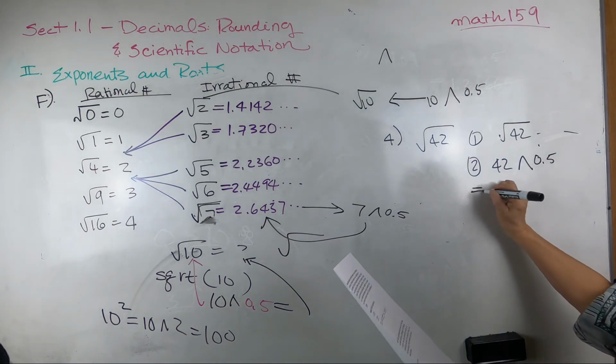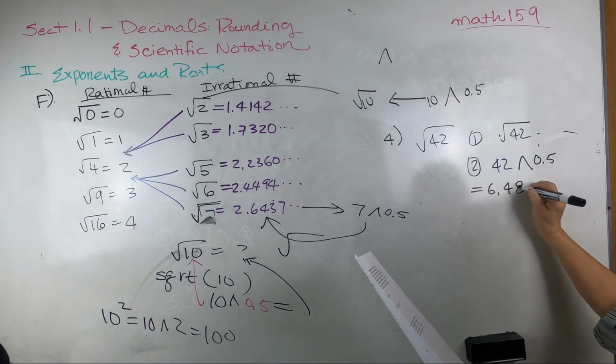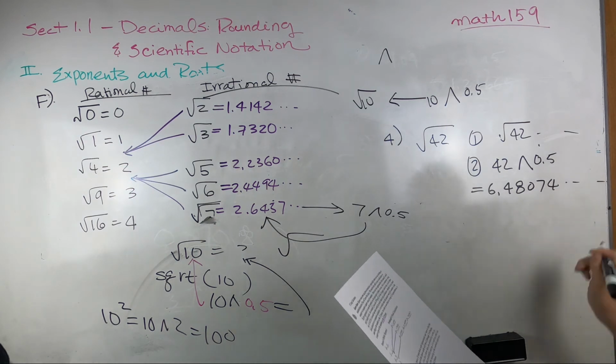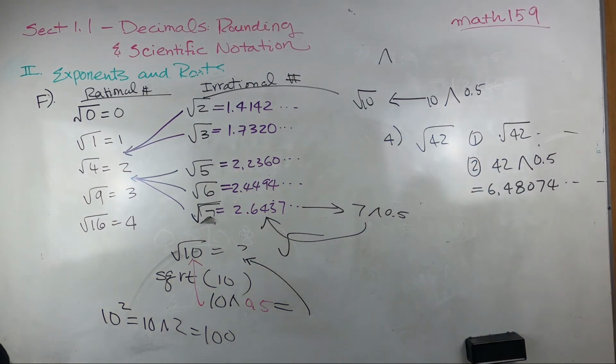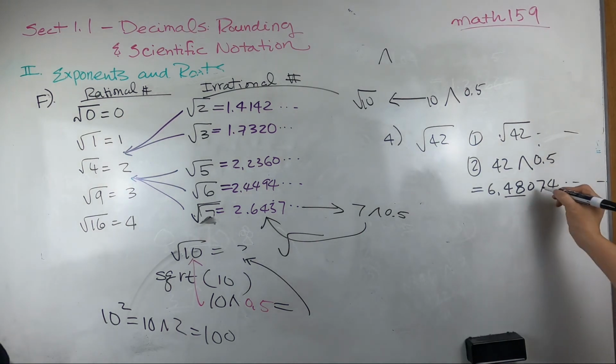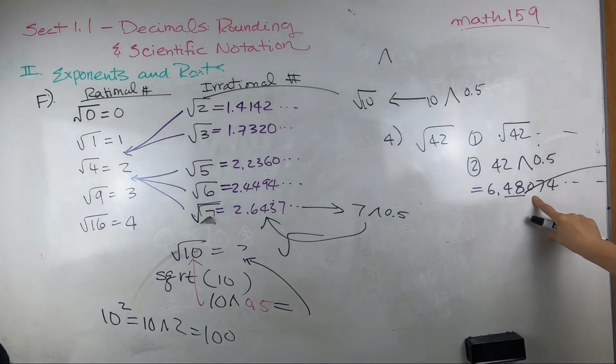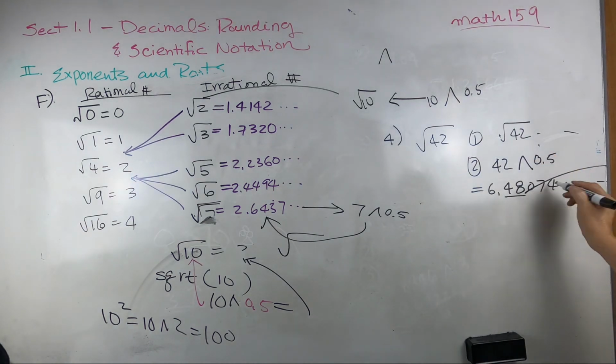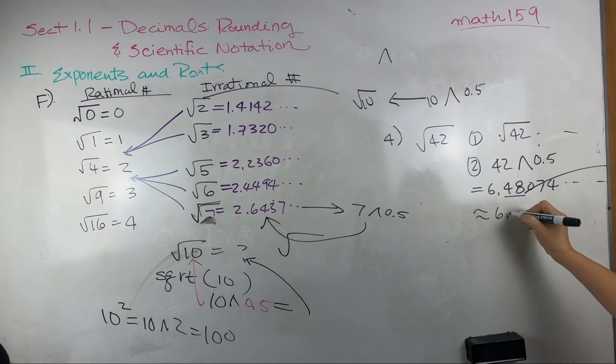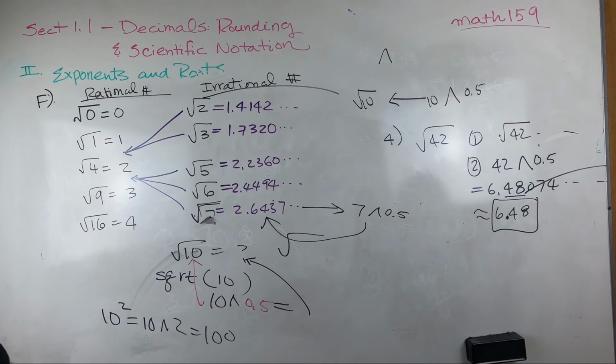So you will have 6.4874 bunch of decimals. It's rounded to 2 decimal places. You keep up to here, don't want the remaining digits, then you decide drop or round up. So for this one, it's drop. So your answer should be 6.48.